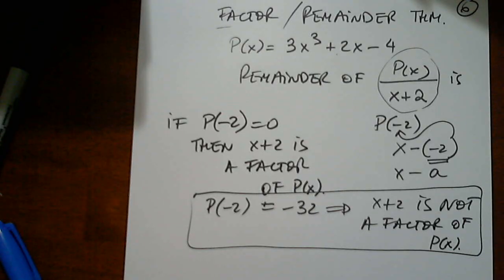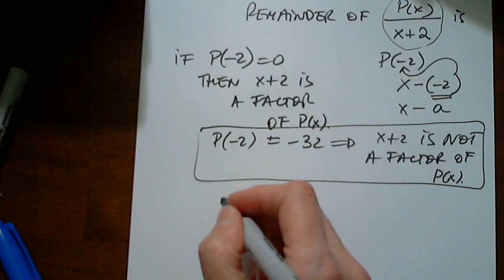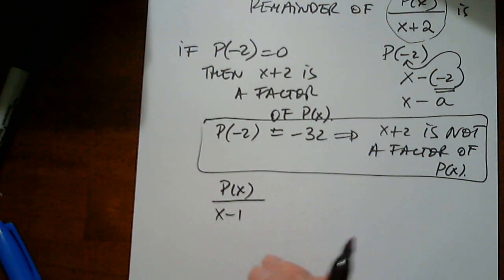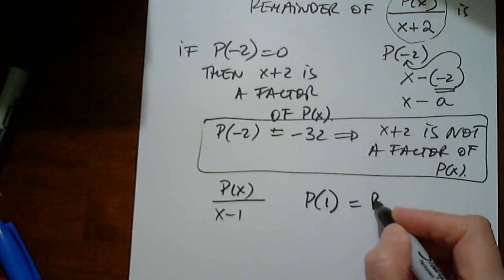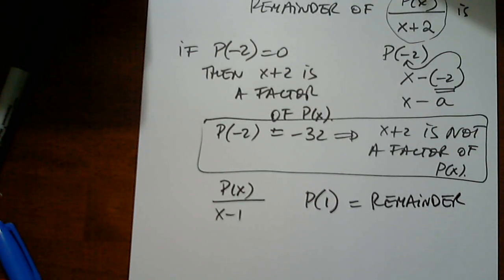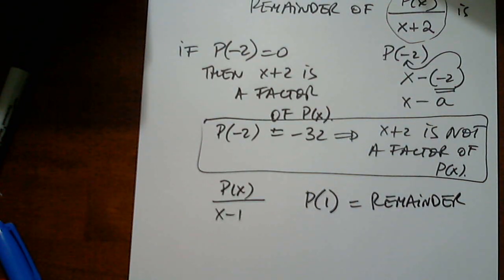Very important concept for limits in next semester. Now, if I have p of x and I have x minus 1, then p of 1 is the remainder. If the remainder is 0, then x minus 1 is a factor of p of x.